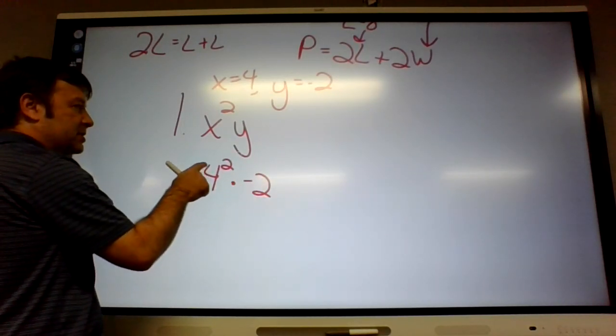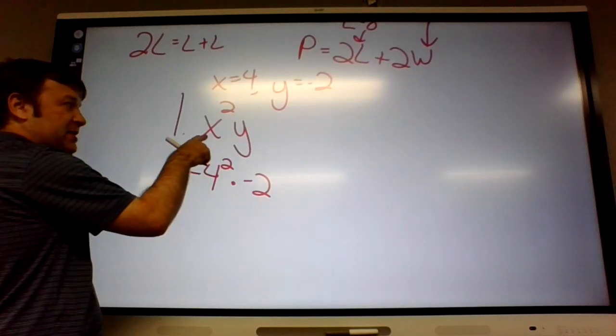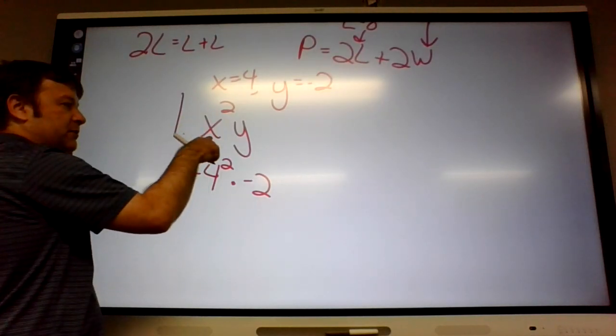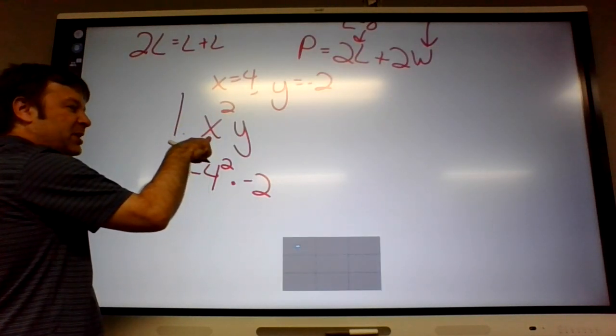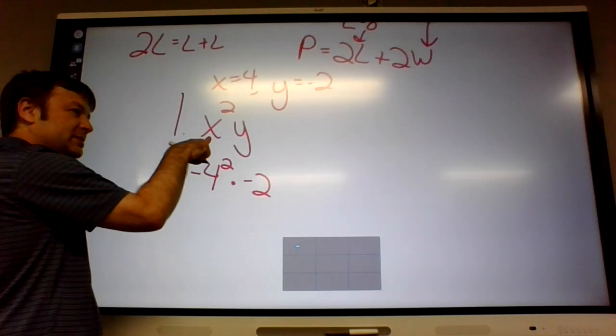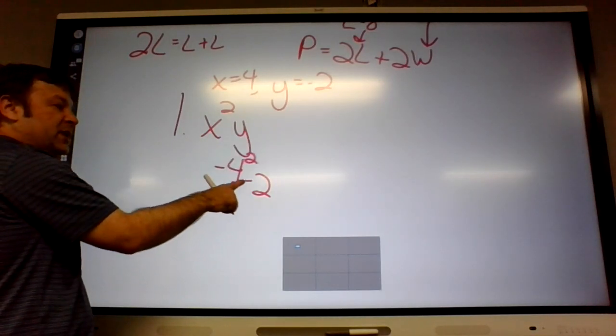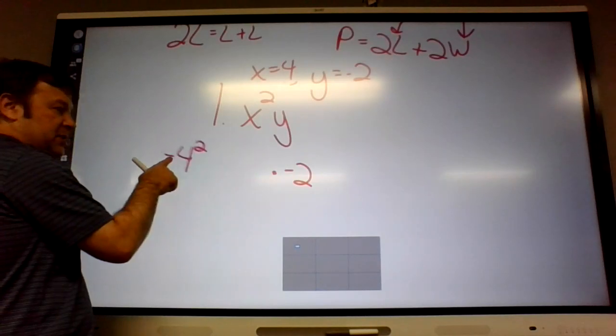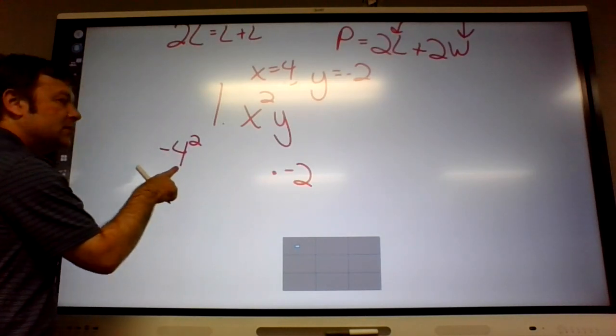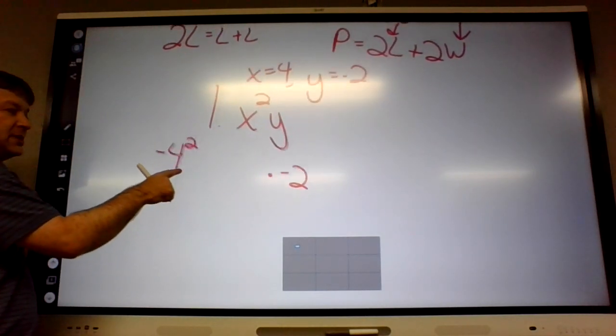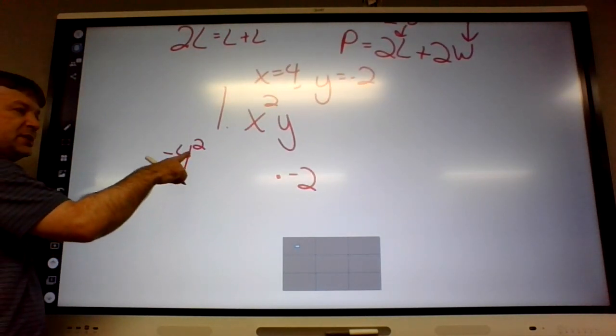If x is negative 4, should x squared come out as positive or negative? It should come out as positive. Will this part right here come out as positive or negative? This comes out as negative, because of order of operations.